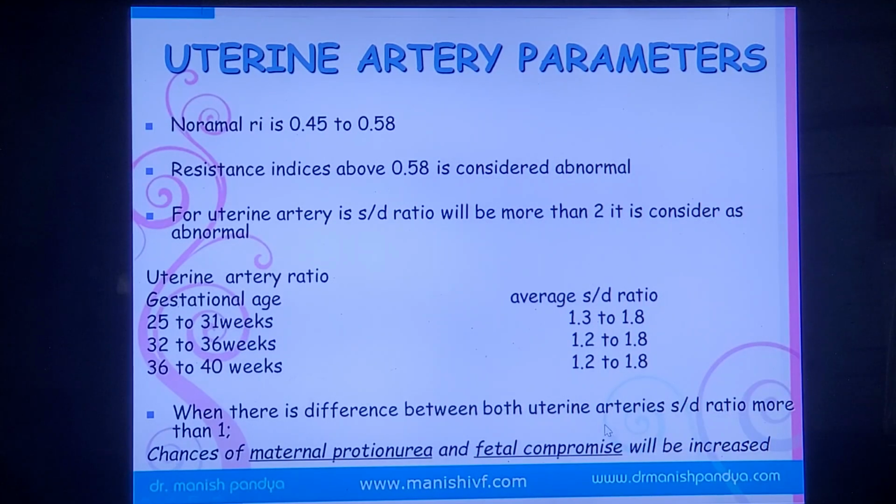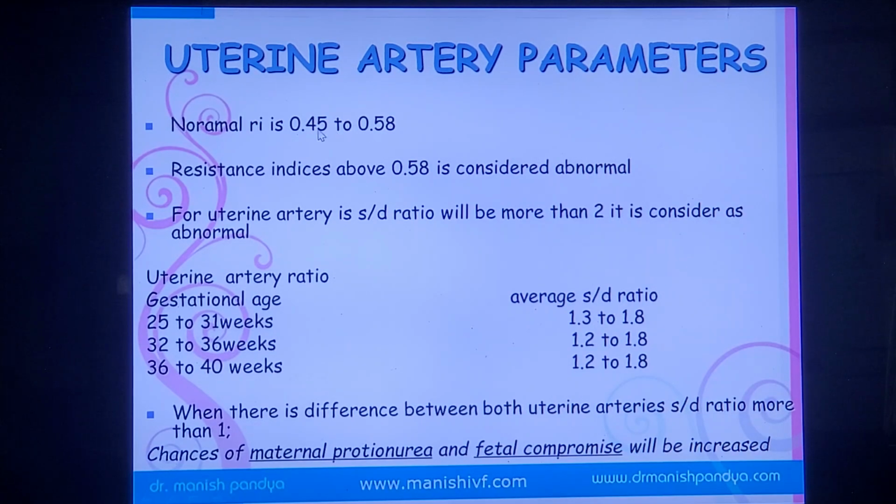When the difference between the two uterine artery ratios is more than 1, suppose on one side the SD ratio is different from the other uterine artery, and the difference between both uterine arteries is more than 1, then there are chances of maternal proteinuria and fetal compromise. So remember, uterine artery SD ratio more than 2, RI 0.45 to 0.58.